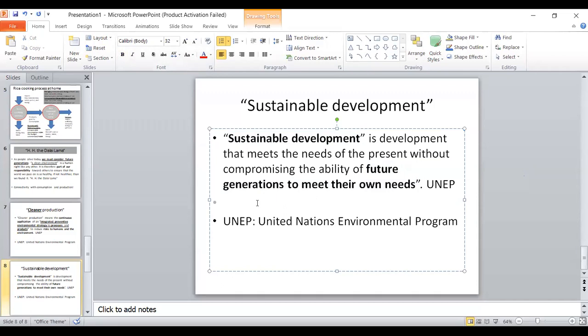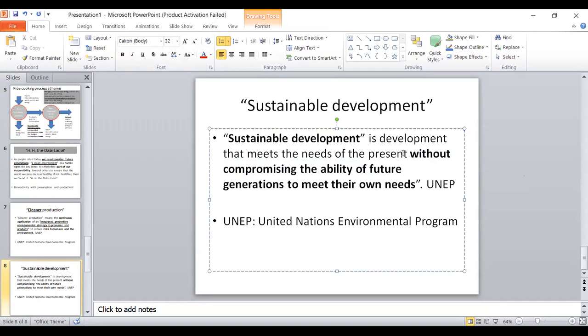We should not compromise that ability. So, without compromising future generations' ability and potential to meet their own needs, we can meet our developments.